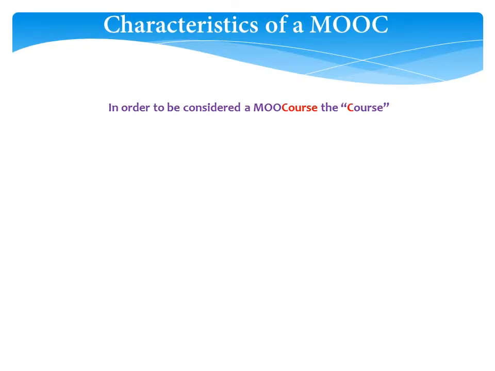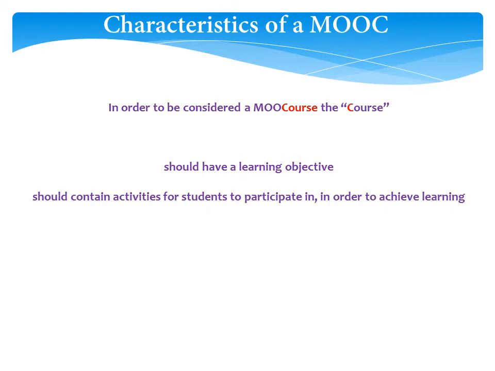So is it a MOOC or is it not a MOOC? By identifying certain characteristics of the course offerings, we may be able to better identify what is a MOOC. First, the course itself should have a learning objective. It should contain activities for students to participate in order to achieve that learning. There should be an allotted amount of time to achieve learning objectives, meaning that it is not an open-ended offering.